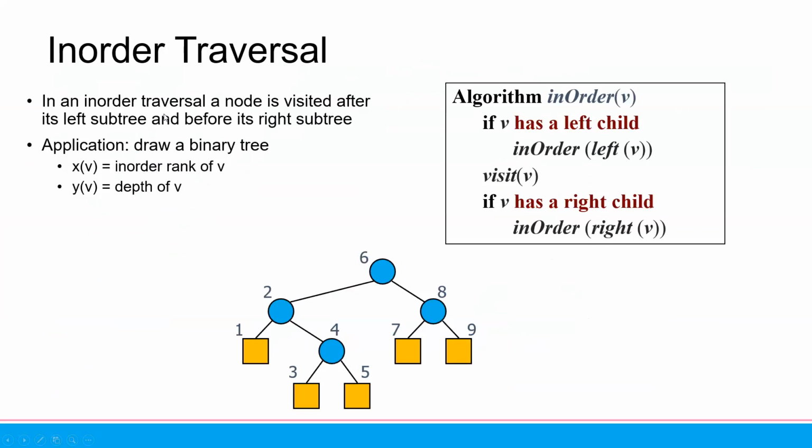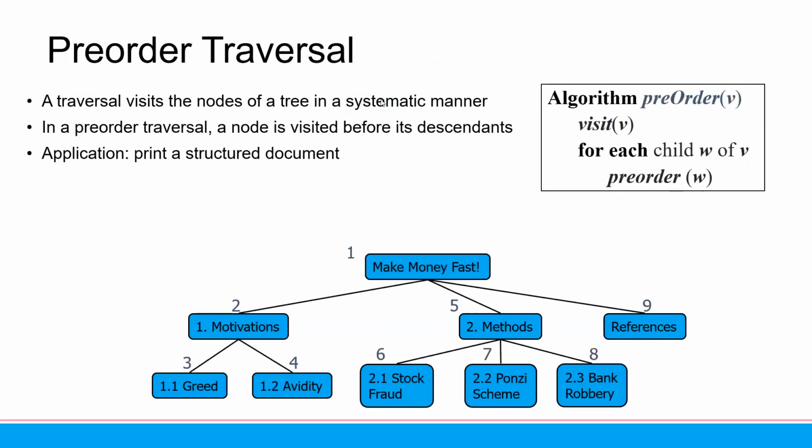So when we deal with proper binary trees, or with binary trees, we can have another kind of traversal. Do you still remember what is traversal? Traversal means visiting the nodes of a tree in a systematic manner.